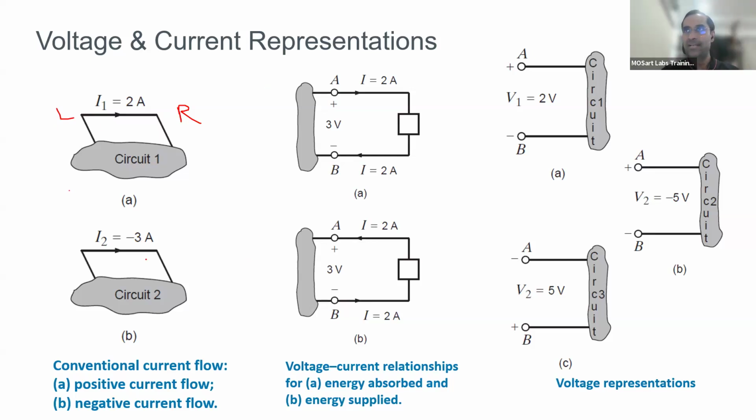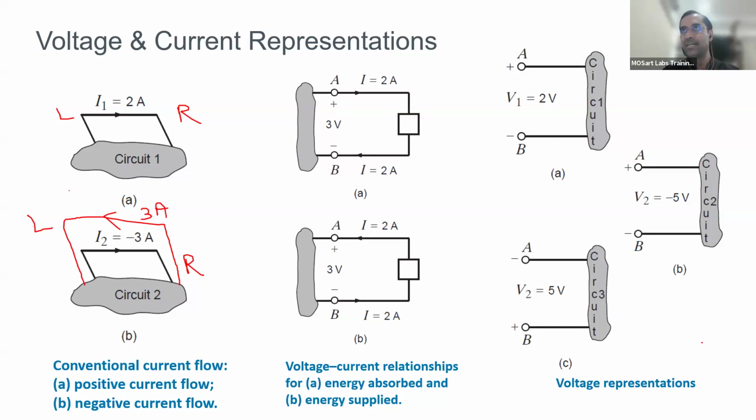And when the current is flowing from right to left, in this case you can say it is 3 amperes from right to left, or you can also say this is minus 3 amperes from left to right. Okay, common convention, very simple thing.